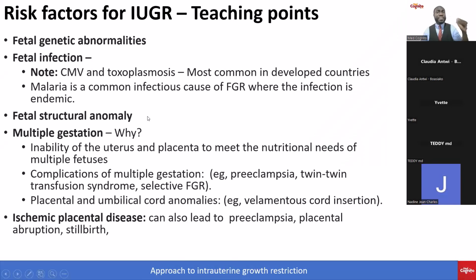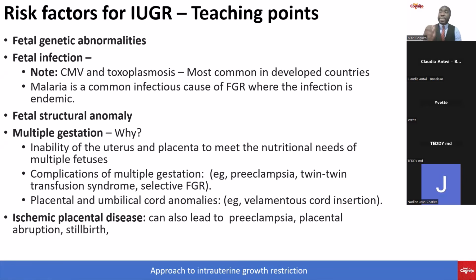Now, if I say the patient recently came to Canada, the patient was pregnant before the patient came to Canada, then malaria is one of the things you want to think about. In fact, malaria and Zika virus. So remember, we are talking about fetal infections that can lead to IUGR, cytomegalovirus and toxoplasmosis.